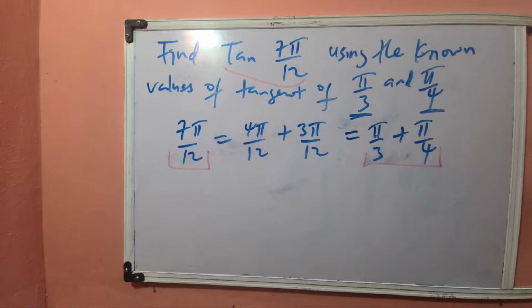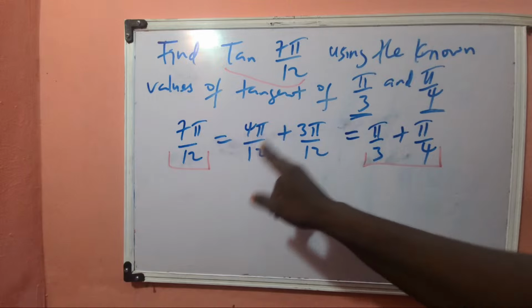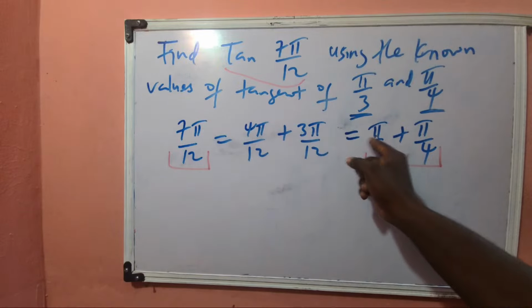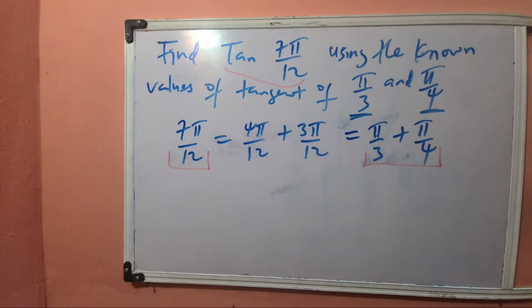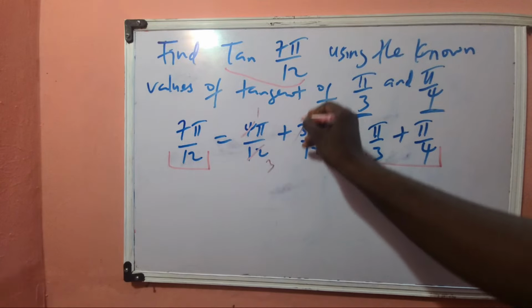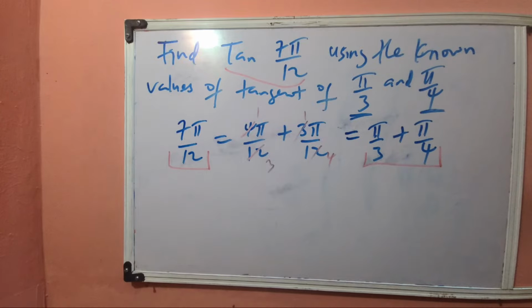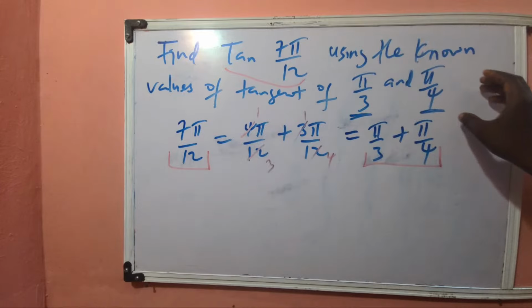The way we did that is what I just showed you here. So I said my 7 pi over 12 is 4 pi over 12 plus 3 pi over 12. And then you can see that 4 goes here 1, 4 goes here 3. And 3 goes here 1, 3 goes here 4. I'm back at this place. Now this is much more comfortable because I'm seeing particularly what I was told to use.